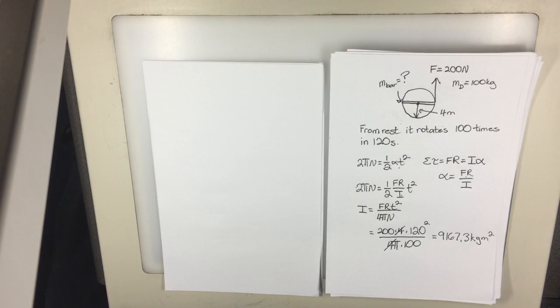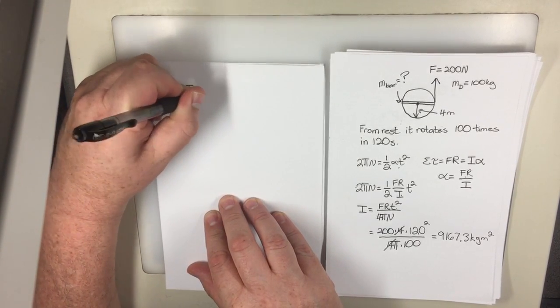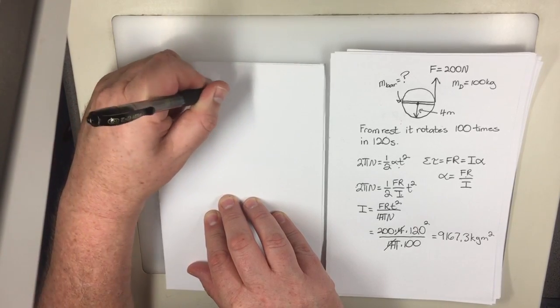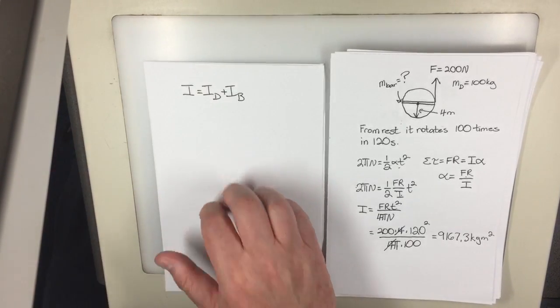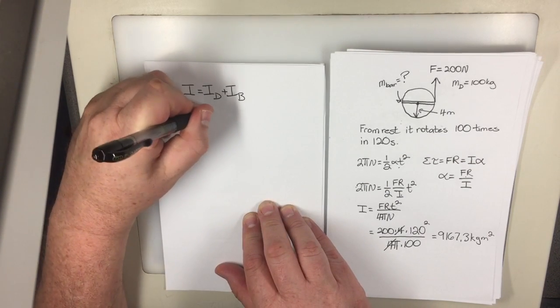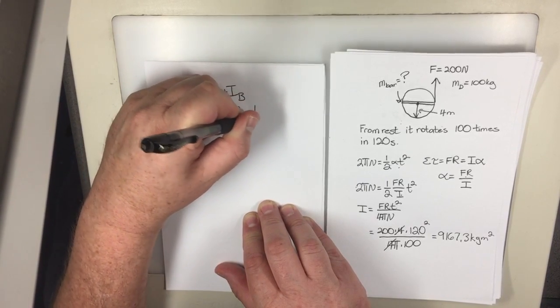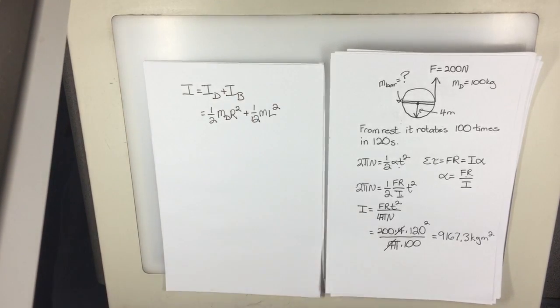Well, now that I have the total moment of inertia, what is that total moment of inertia? It's merely the sum of the 2 moments of inertia of the system. So the total is the moment of inertia of a disk plus the moment of inertia of the bar welded onto it directly across. Now in this particular case, the center of mass of the bar is at the rotation point, so we don't have to deal with the parallel axis theorem. The disk, 1/2 mass of the disk r squared, plus 1/12 m L squared.